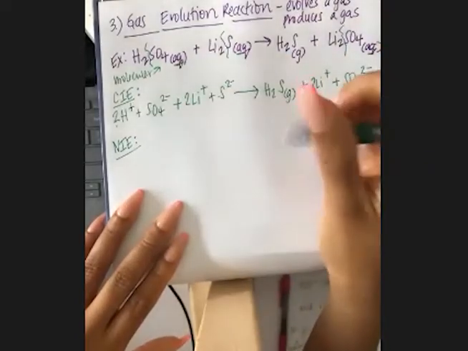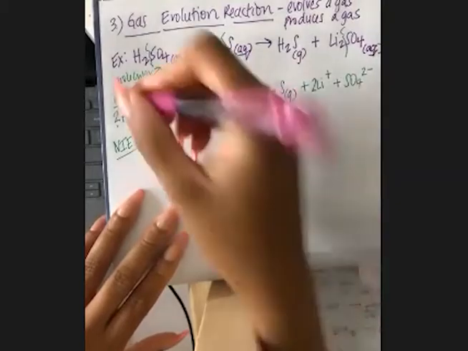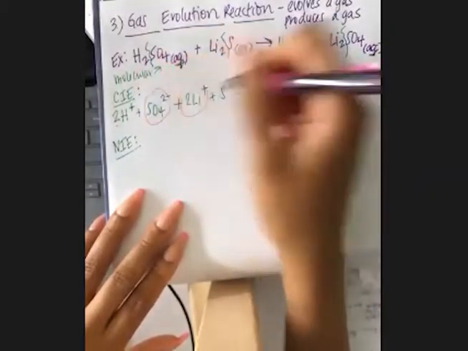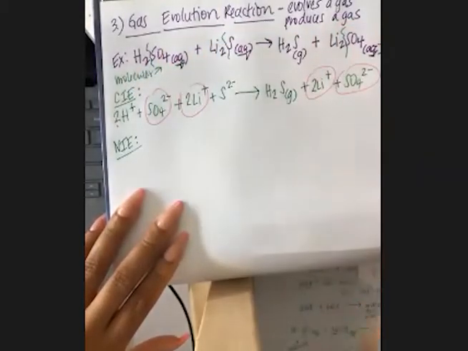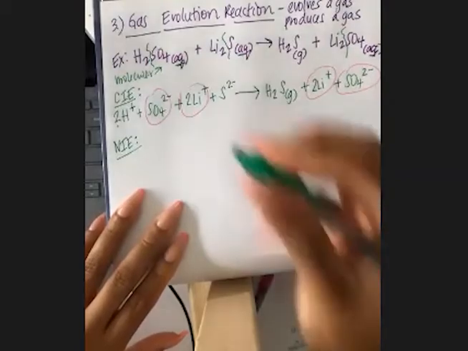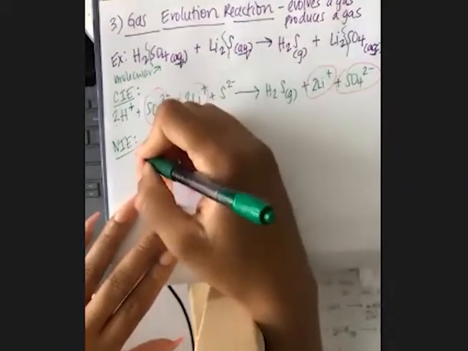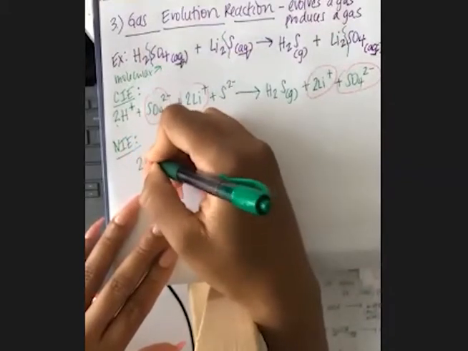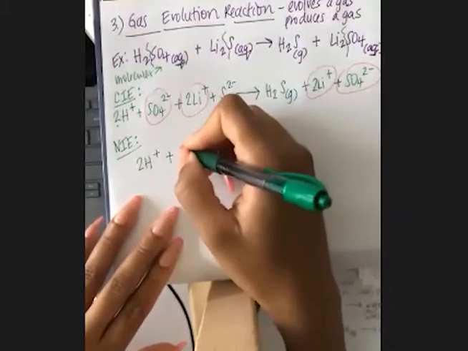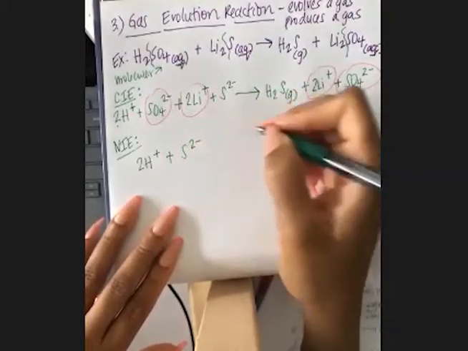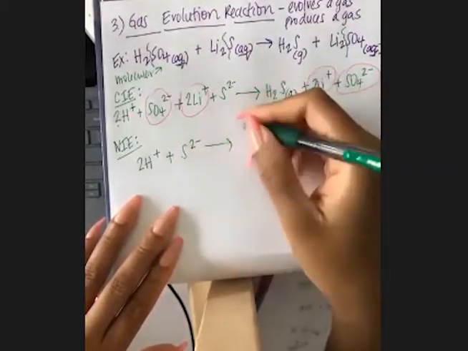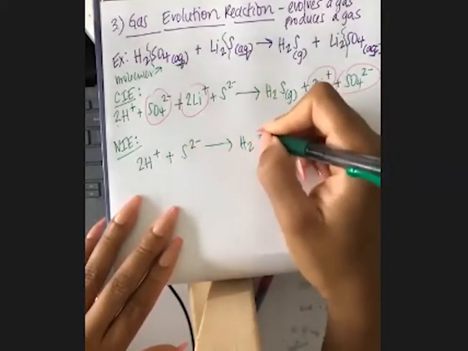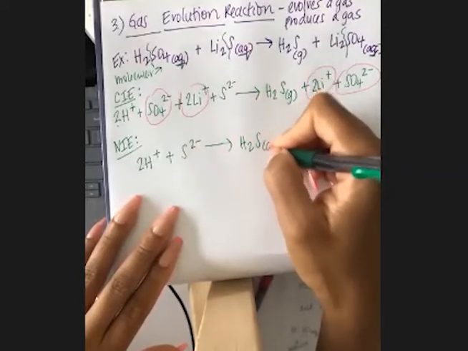So those are my spectator ions; I'll circle them in pink. They're not doing anything, they're just sitting there. So the only reaction occurring when I mix these two substances together is that 2 hydrogen ions react with a sulfide 2- ion, and they form gaseous hydrogen sulfide.